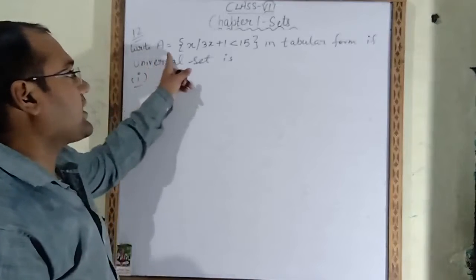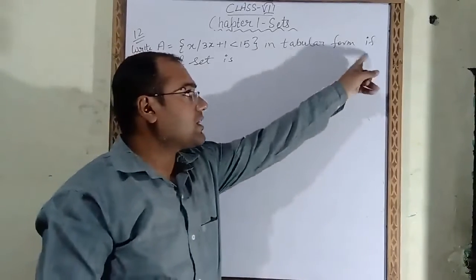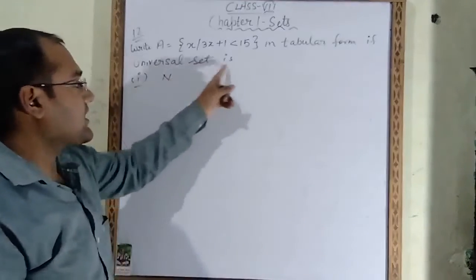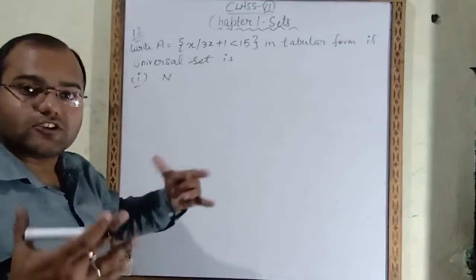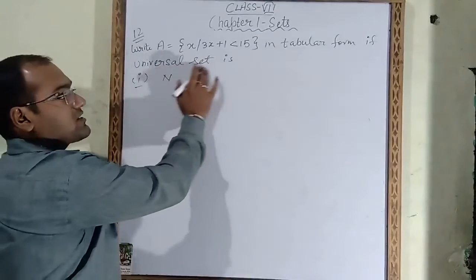Write a set in tabular form if the universal set is N. N means natural number. So what is that? Universal set is natural number.